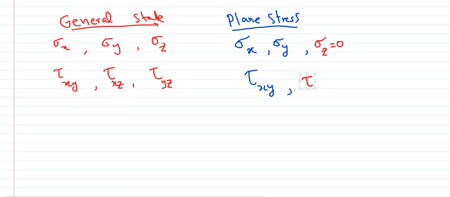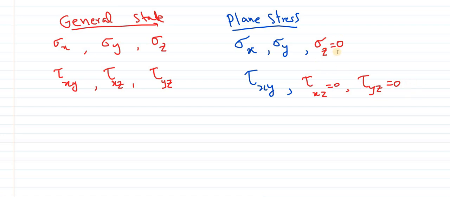This tau xz will become 0 and tau yz will also become 0. So these three were acting in the z direction.